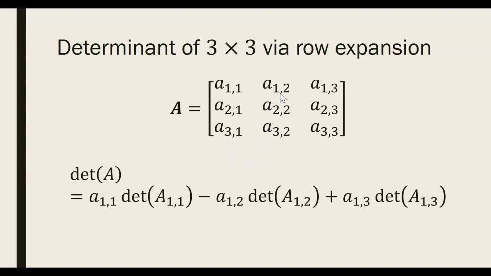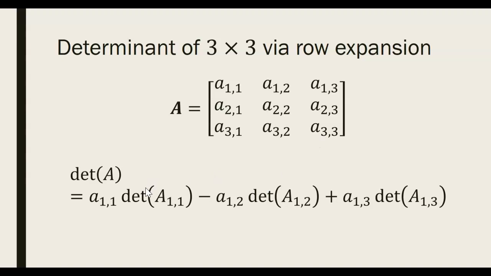And then you can take A12 and then multiply that times the determinant of the submatrix when you cancel out row 1 and column 2. And then take A13 and multiply times the determinant of the submatrix when you eliminate row 1 and column 3.